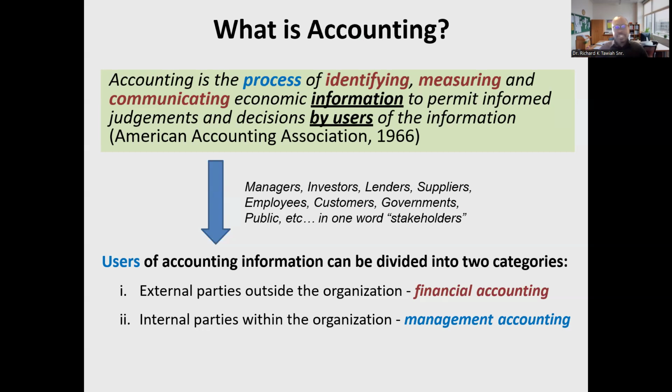So you will see the American Accounting Association defining accounting as a process. It's a research process, somebody will say. It's a science. It's both a humanities and a science discipline. We identify the information, we measure it, and we communicate economic information to permit these stakeholders to make informed decisions.